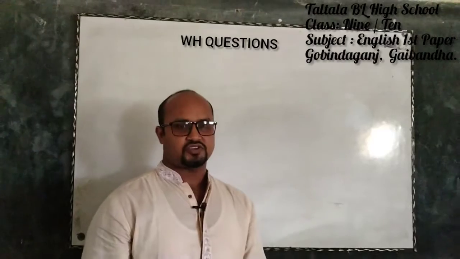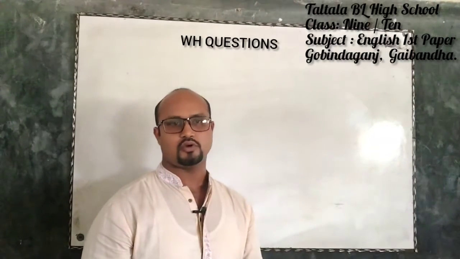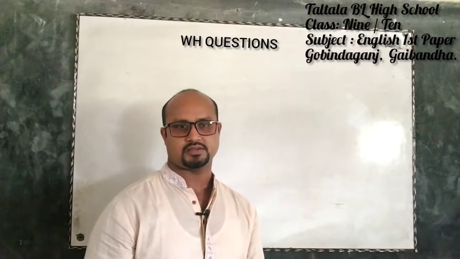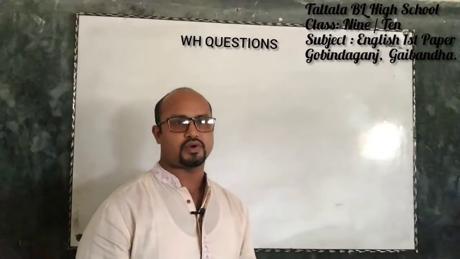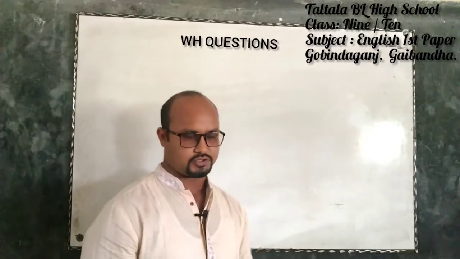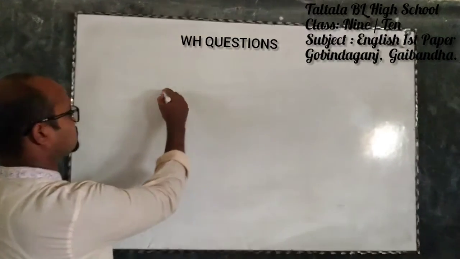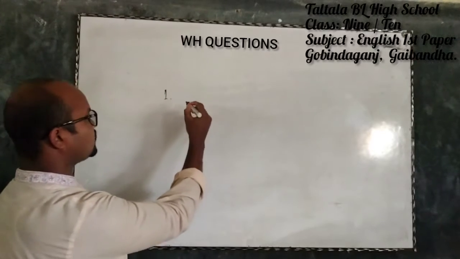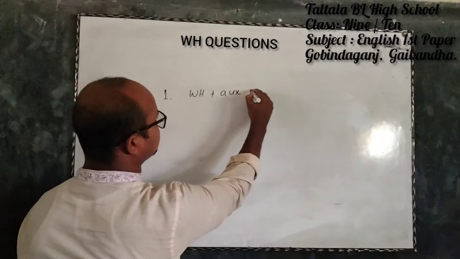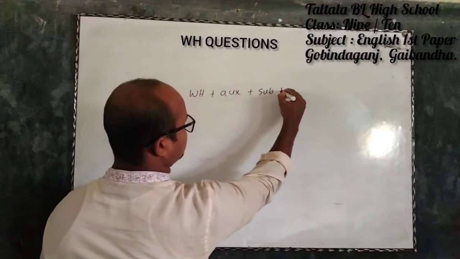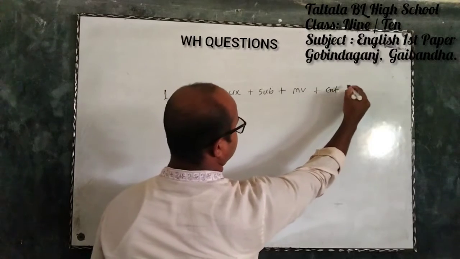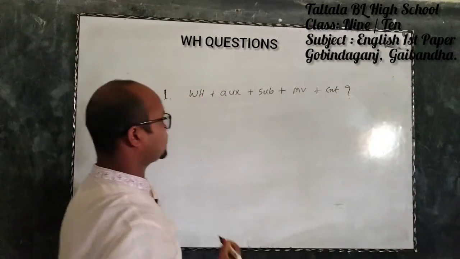To make WH questions, there are four rules. We have to maintain that. I am going to write the structures of making WH question. The first structure is WH plus auxiliary plus subject plus main verb plus extension plus question mark.